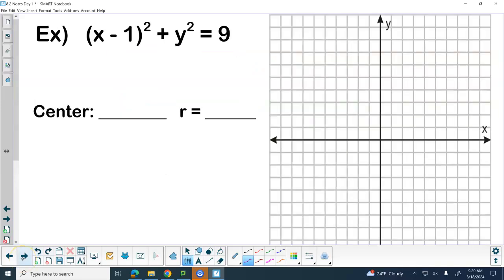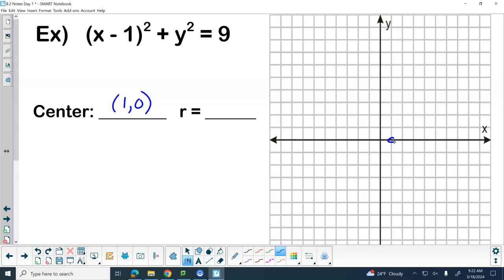Let's try another one. You try this one. Let's see what you can do with that one. What did we come up with for a center? 1, 0. That would be 1 to the right of the origin, which puts my center right there.